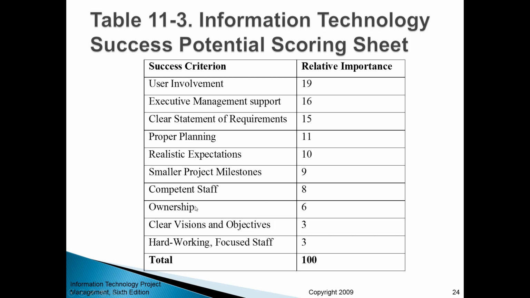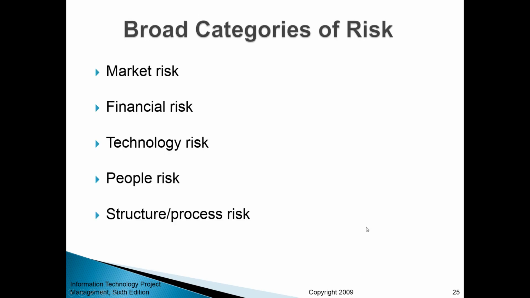Whether employees view your project as something that they need or something that is unnecessary bureaucracy is very important. Clear vision and objectives are also important. Also hardworking, focused staff. Although once again, hardworking, focused staff, to me, is very important. I would put it somewhere at the top, but those are the findings of the Standish Group.